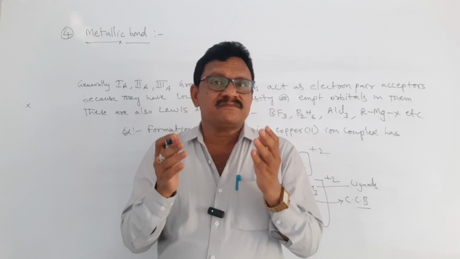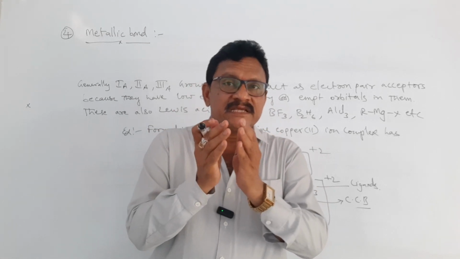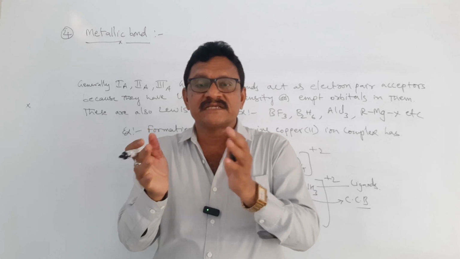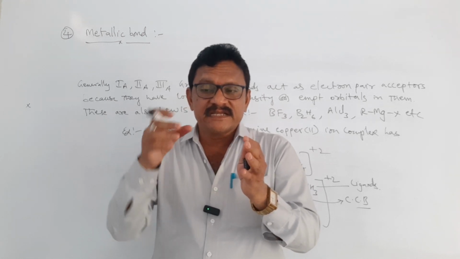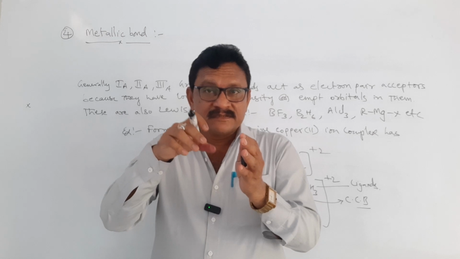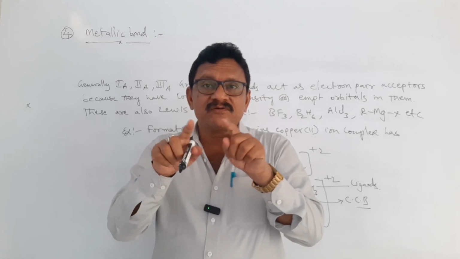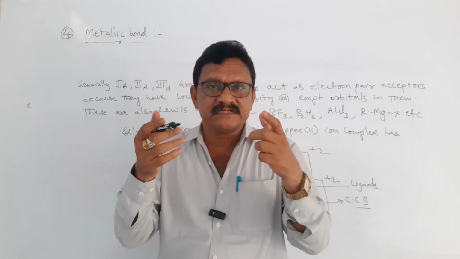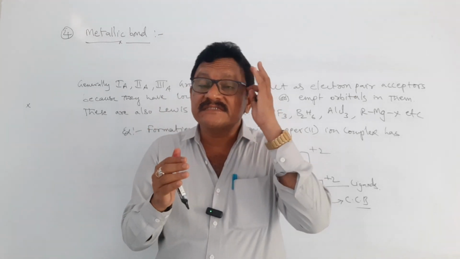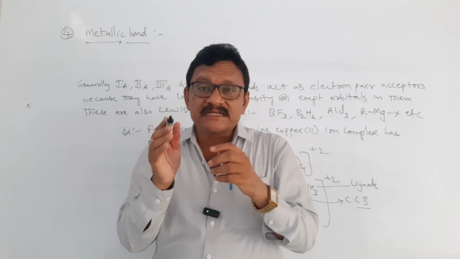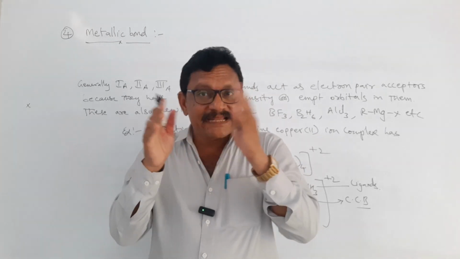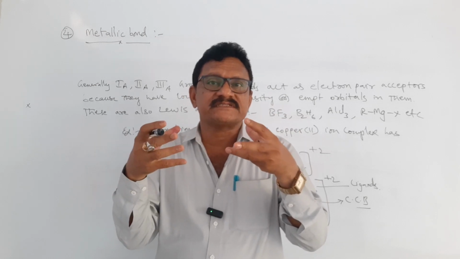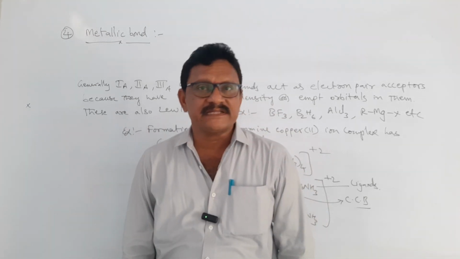In a metal cluster there are cations, the kernels, and emitted electrons, the mobile electrons. In between them there is a force of attraction. That force of attraction we consider as the metallic bond. The electron bound with the kernel due to attraction forces, such forces we call the metallic bond.